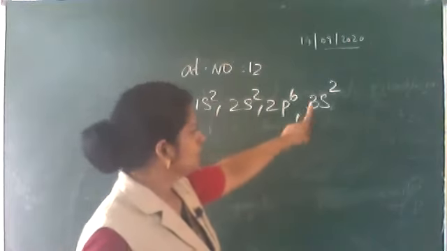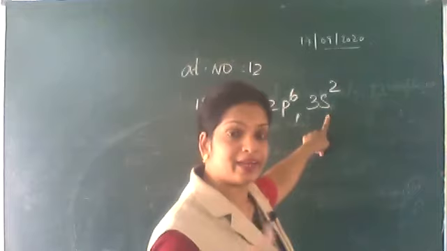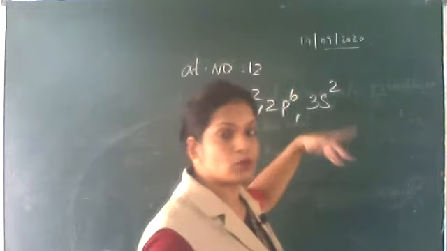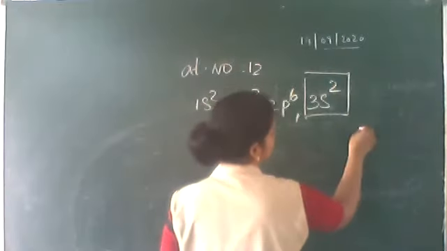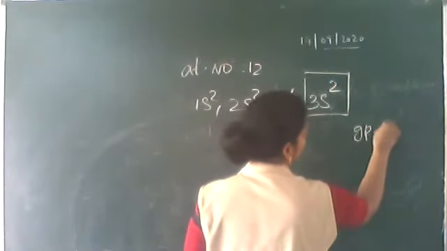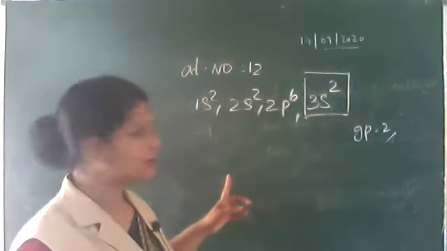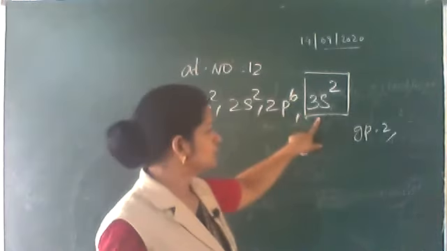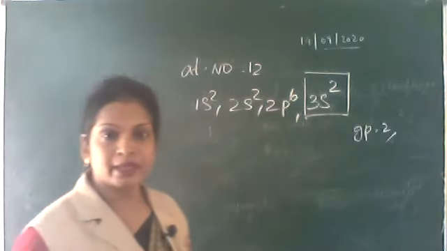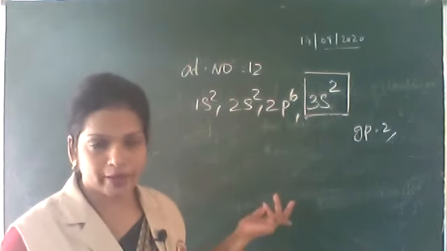So if ns has 1 electron, group number 1. If ns has 2 electrons, group number 2. That is rule number 1. So this is group number 2. If 3s had 1 electron, then group number 1.